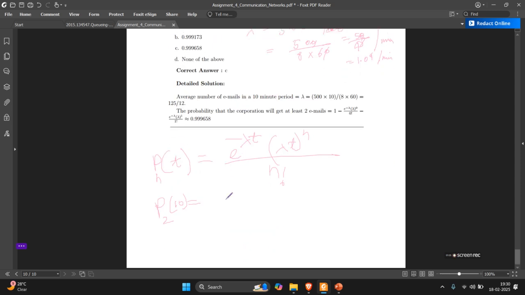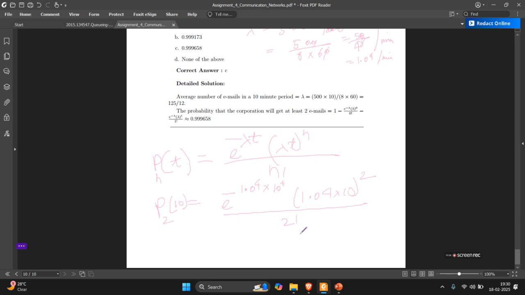So 1.04 is the rate, so e to the power minus 1.04 into 10, times 1.04 into 10, whole to the power n.